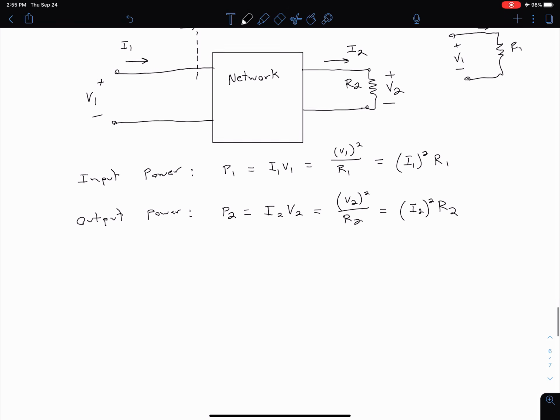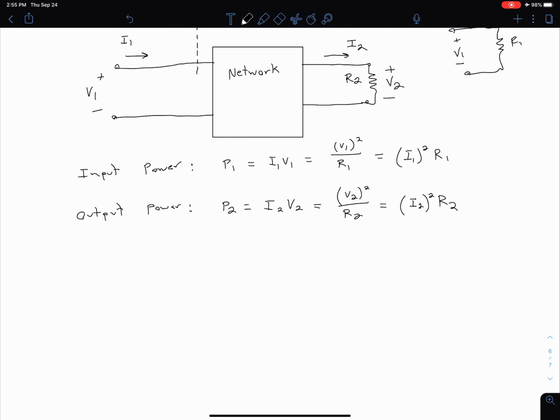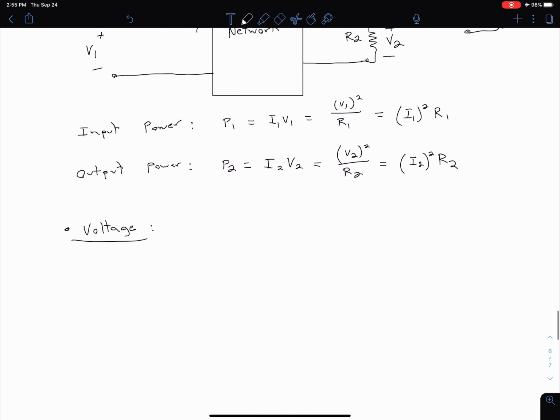So let's say instead of dealing with the powers, we had voltage information, or we wanted our equation to relate our input and output voltages. Well, let's start with our power expression that we had on the previous page. We said our gain in decibels is equal to 10 log base 10 of P2 divided by P1.